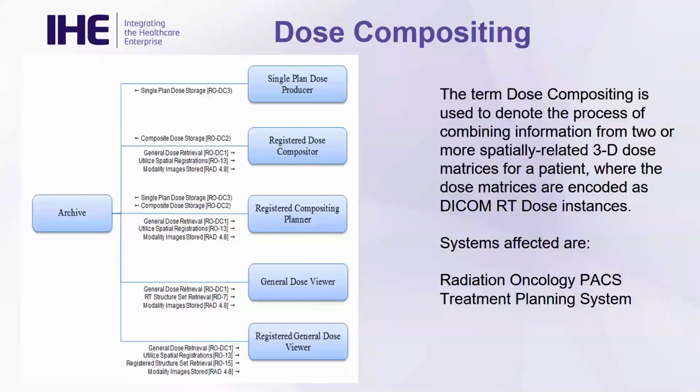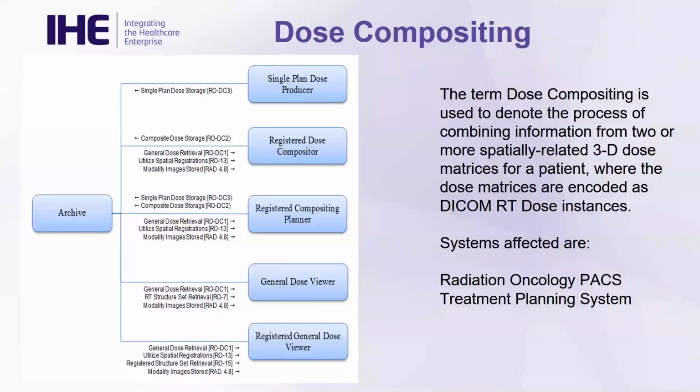And there's another example. This is dose compositing, and it's used to combine dose from 2 or more spatially related 3D dose matrices. We do use, again, the DICOM RT dose instances for this. And here are the actors, and then in the middle are the transactions. And as you take a look at this, you can realize that the profiles get pretty detailed because we have a large number of transactions.